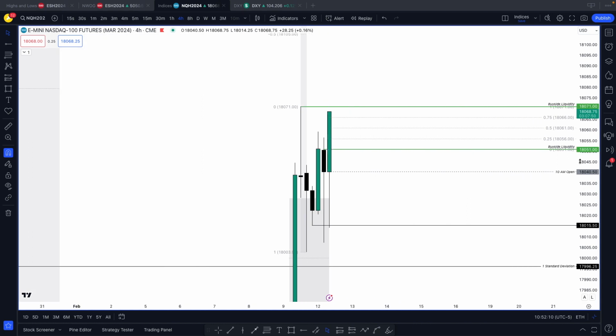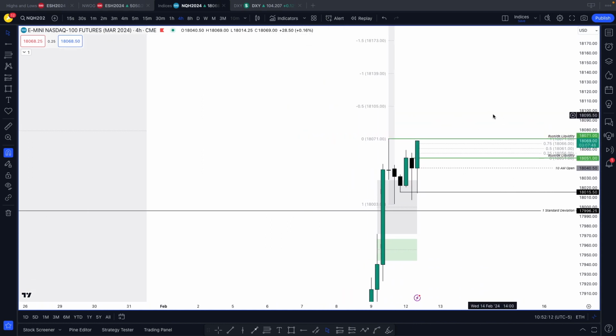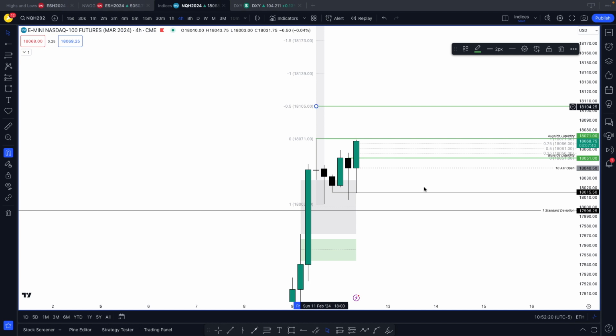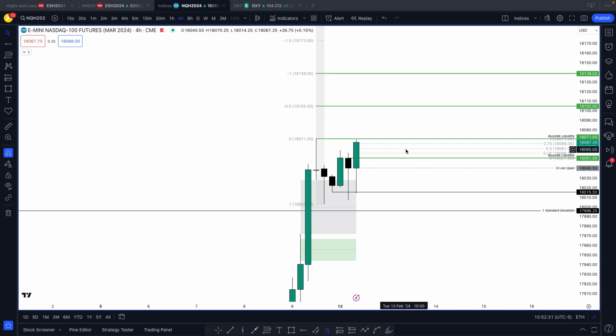Project that out, and we get a half and 1. So if you're taking a partial through the buy side right here, then you can hold some for this level here, 105, and you can hold some for 39, and we'll see if those get reached.